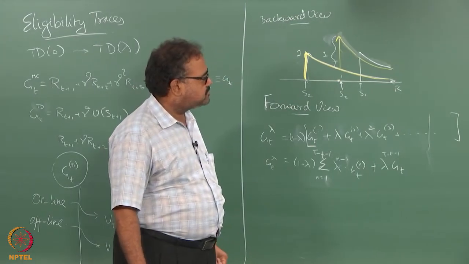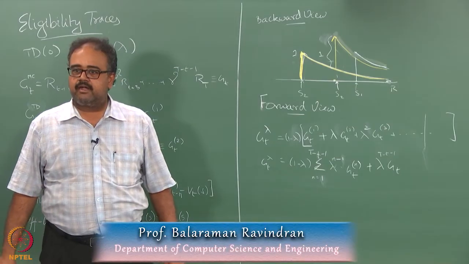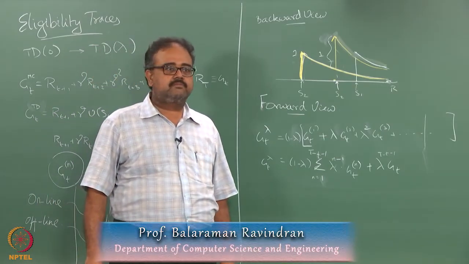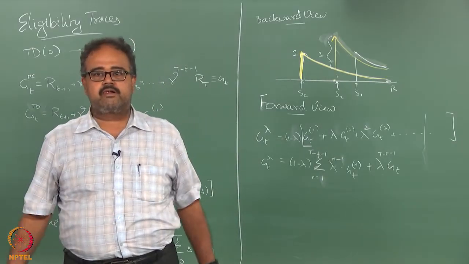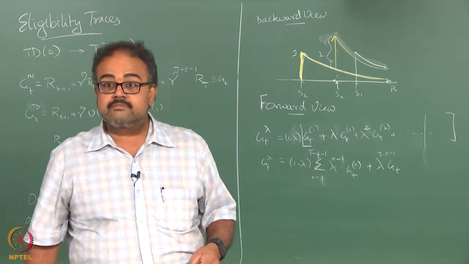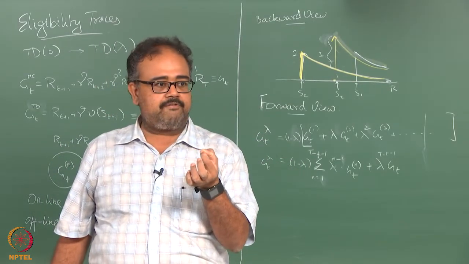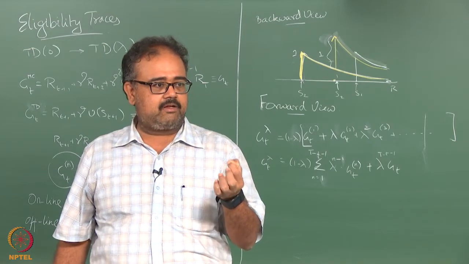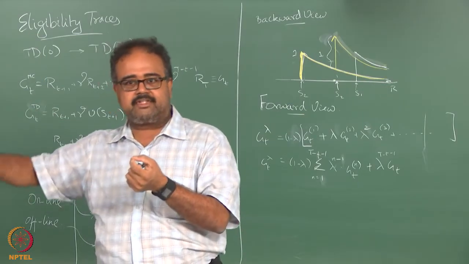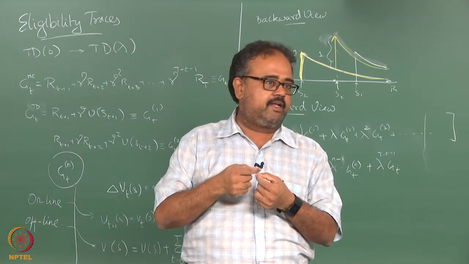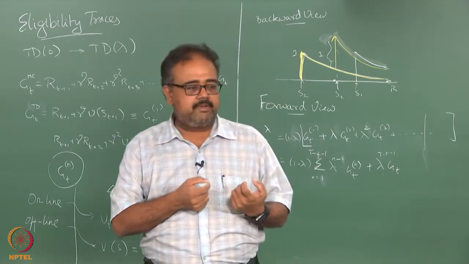Anyway, so great. So what would your TD lambda algorithm look like? It looks just like your TD algorithm. In the TD algorithm, if you remember, I update the value of the current state I am in. I am in ST, I do an action, I get ST plus 1, then I compute the delta and I change the value of the state I was in before making the transition.